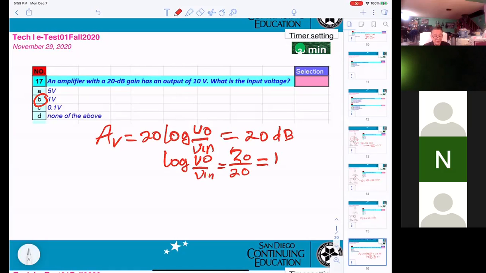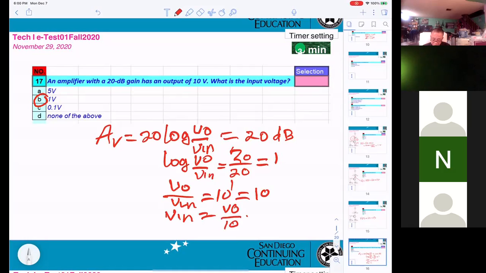Now take the anti-log, or remove the log. Then Vout over Vin equals 10 to the power of 1, which is 10. They've given you the output and they want to know the input. So Vin equals Vout, that will be 10 volt divided by 10. Oh. Yes.